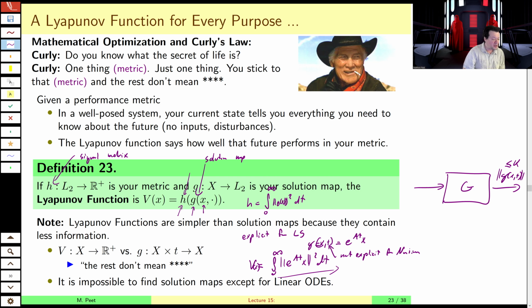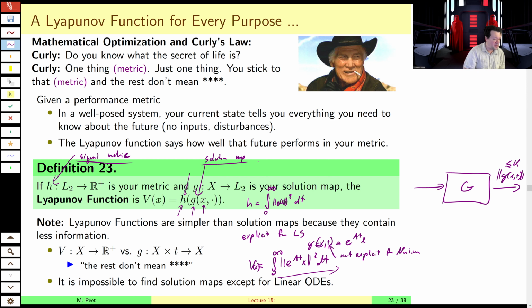So this is a very important point: there always exists a Lyapunov function which proves whatever you want it to. It's perfectly well defined by your signal metric that you've chosen, and your solution map. So if both of those things are well posed, then a Lyapunov function always exists.